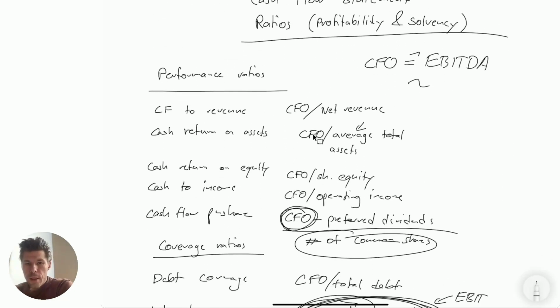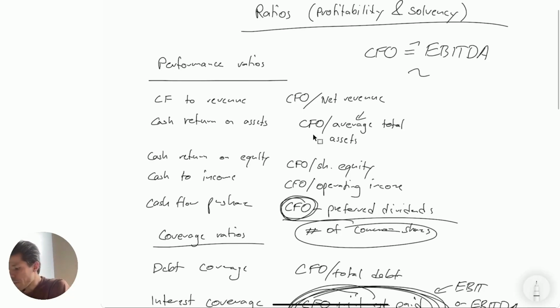So in general, with all those ratios, always look at which numbers are in the numerator and which numbers are in the denominator, because this can change and there are many ratios out there. In general, performance ratios: if your CFO is high, it's good, because it means $1 of revenue generates a lot of CFO. $1 of asset generates a lot of CFO, $1 of shareholders' equity generates a lot of CFO, and so on.